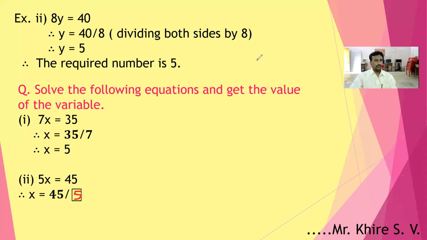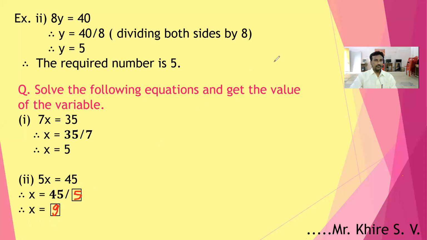Then we will get the value of x by dividing 45 by 5. Then we get 5 nines are 45. Therefore, the value of x is 9.